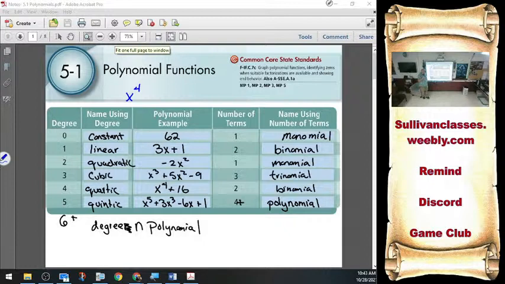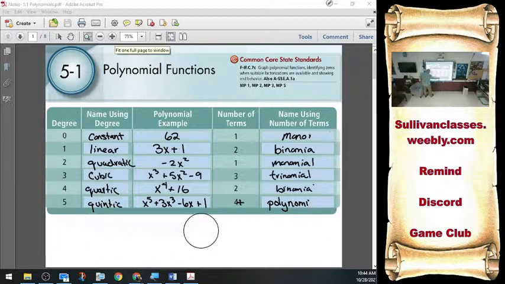Mono. But doesn't it have a 0x to the 3rd, 0x squared, 0x plus 0 after it? We just don't write it. Okay? So that's why all of these are under the label polynomial functions.